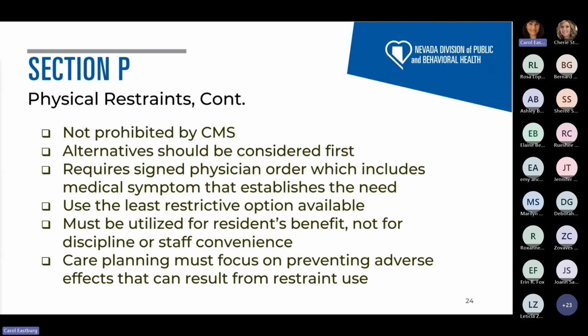A restraint, if used, must be for the resident's benefit and not for resident discipline or staff convenience. Care planning must include steps to prevent adverse effects that can occur, especially with cognitively impaired individuals, and if possible, there should be a goal and a plan to reduce and/or eliminate the restraint.